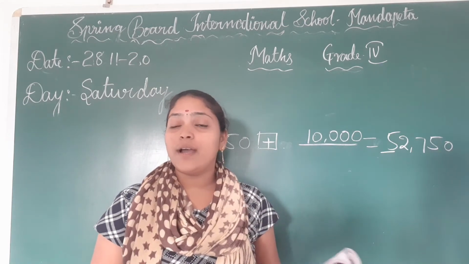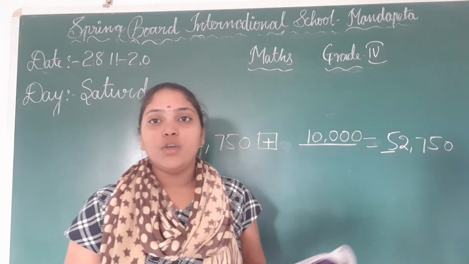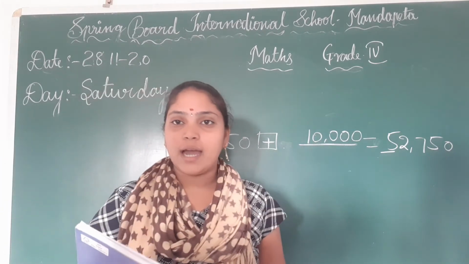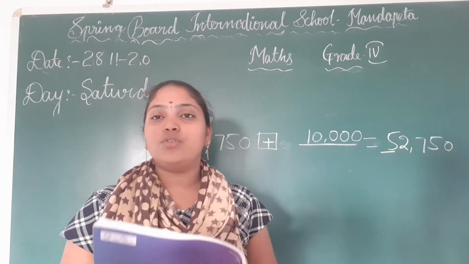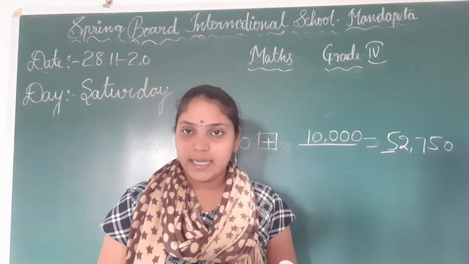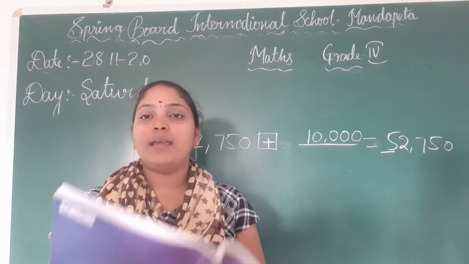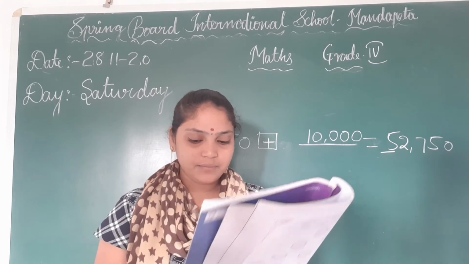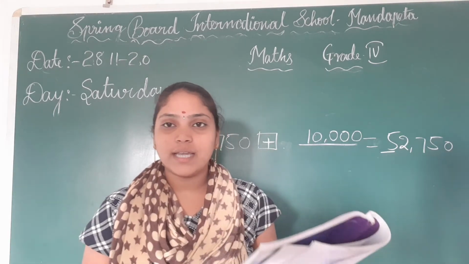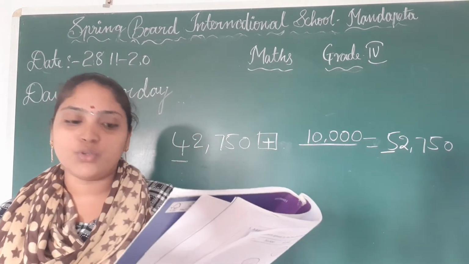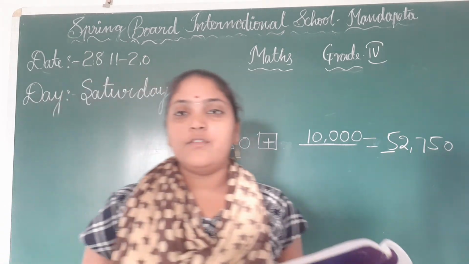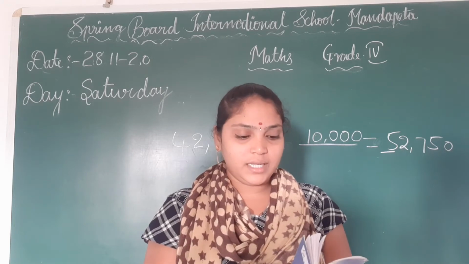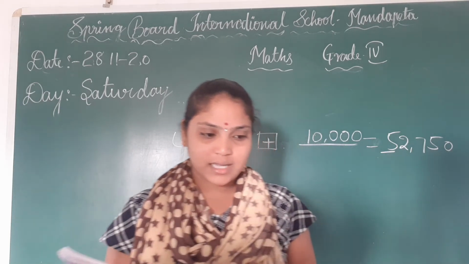Now to find how many plants are left, you have to subtract 72,023 from the total 85,000 to get the number of saplings left to be planted. Okay children. In addition we combine two or more quantities, and we use subtraction to remove one quantity from another. We discussed this in yesterday's class.